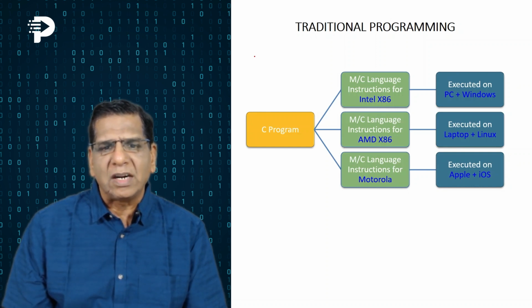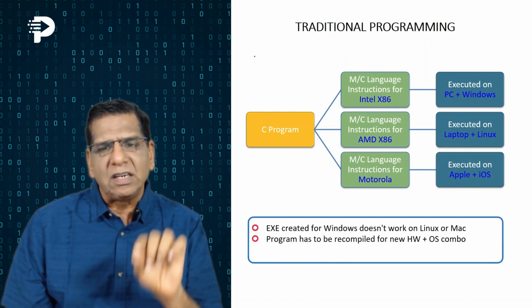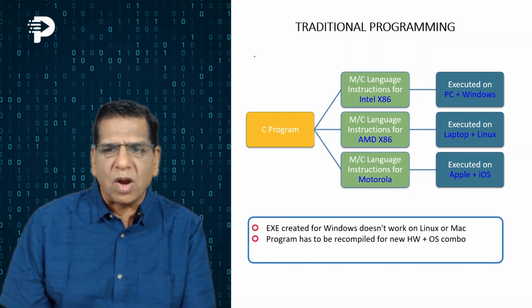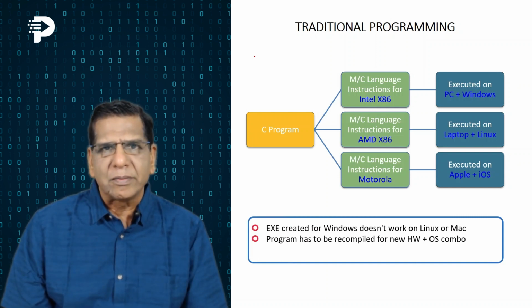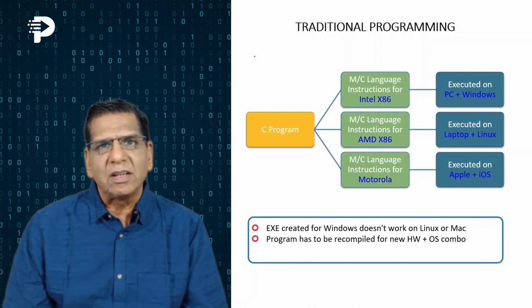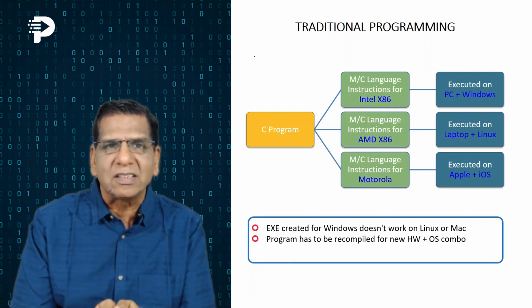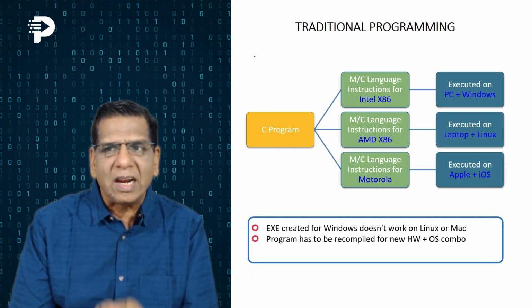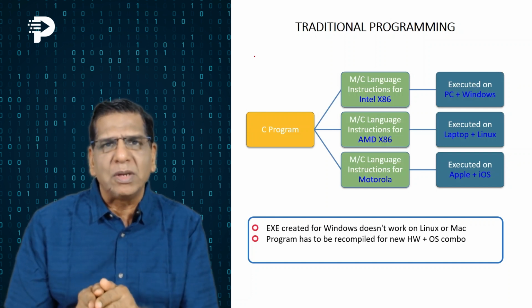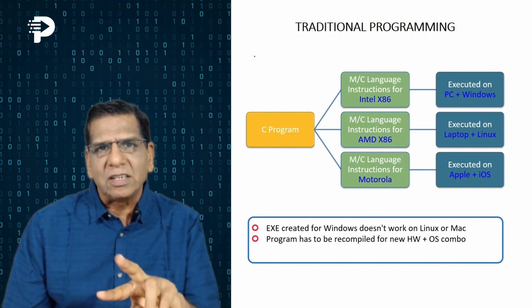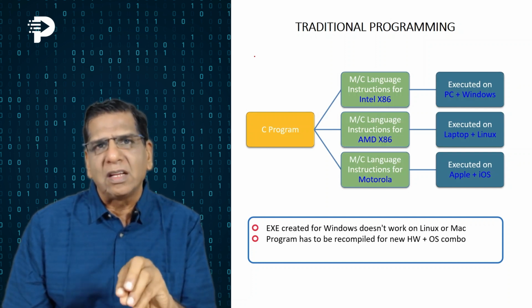What you got to understand is that the exe that is created for Windows will not work on Linux or Mac. Why will it not work? Because the compiler has been targeted to create instructions as understood by Intel x86 and Windows combination. That's why I said it's the platform for which you target the compiler.